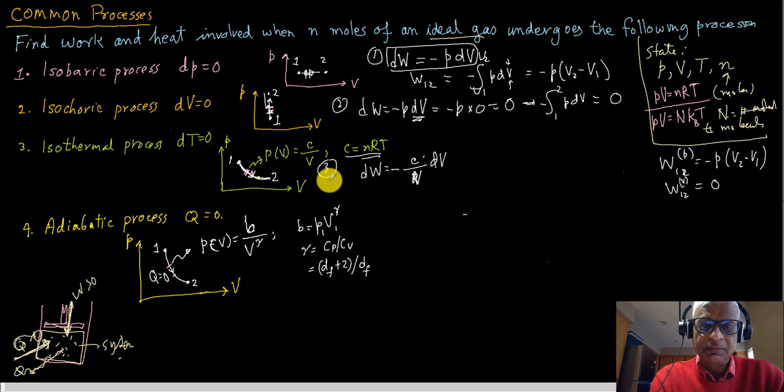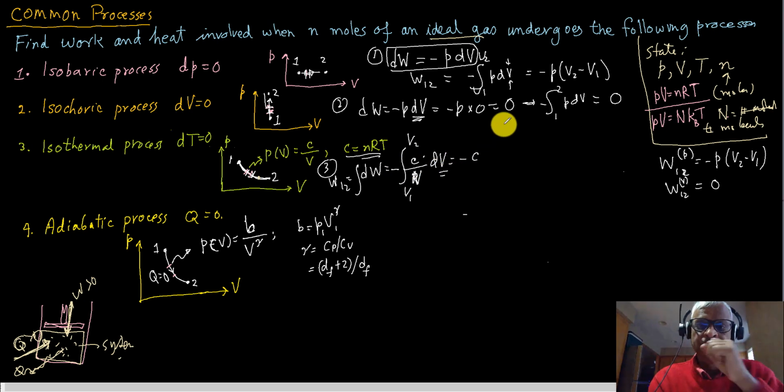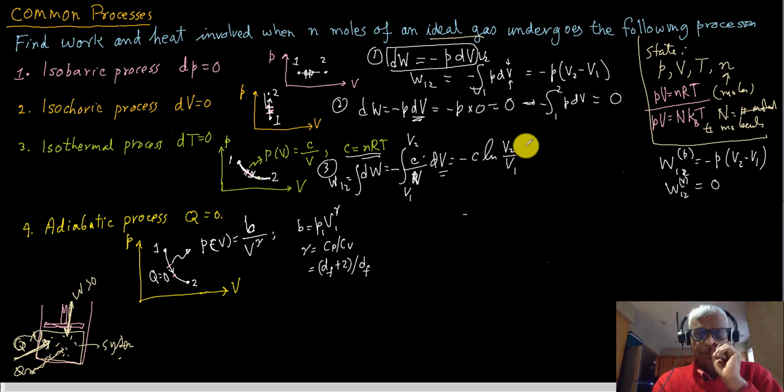When I integrate, V goes from V1 to V2, C comes out, and this will be log V2 over V1.